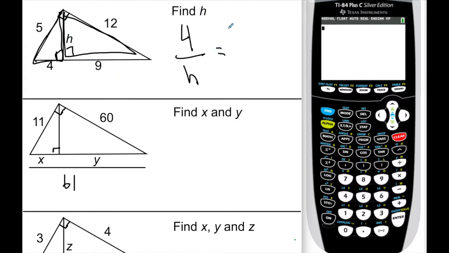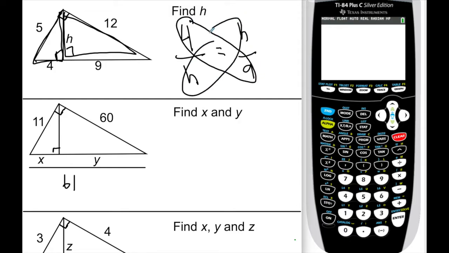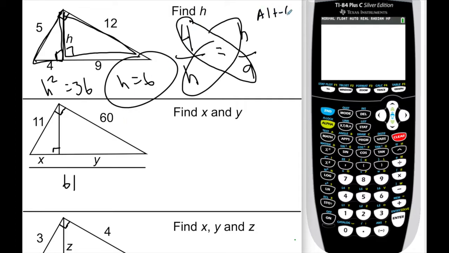At the same time, H represents the base of this triangle, and 9 represents the base of the other triangle. So now I do my cross multiplication. I get H squared equals 36. So H is equal to 6. Simply using proportionality, though I will point out that this is alt GM.